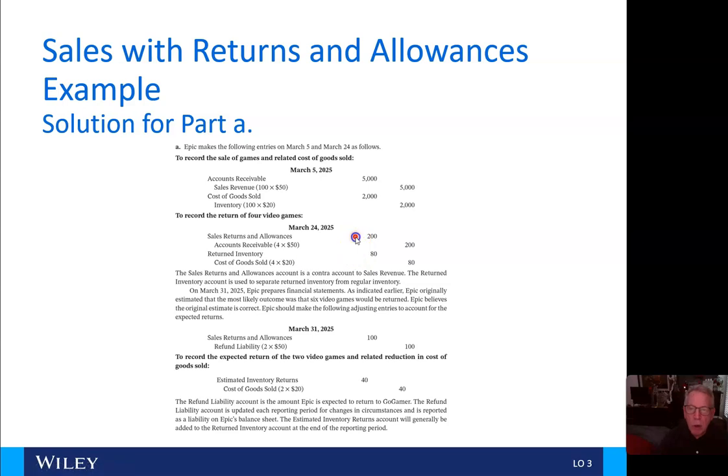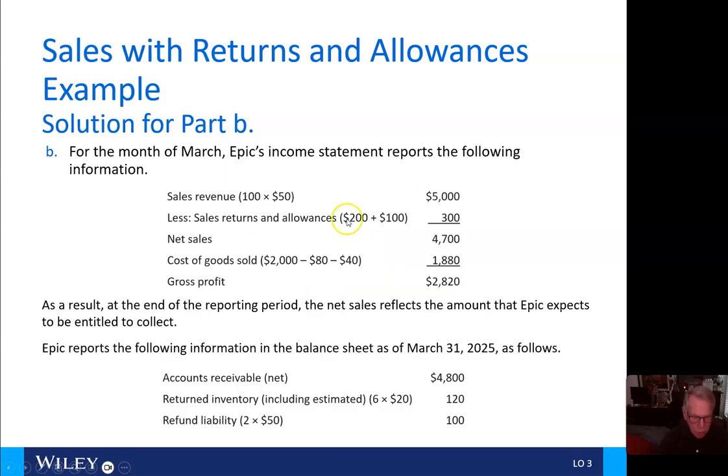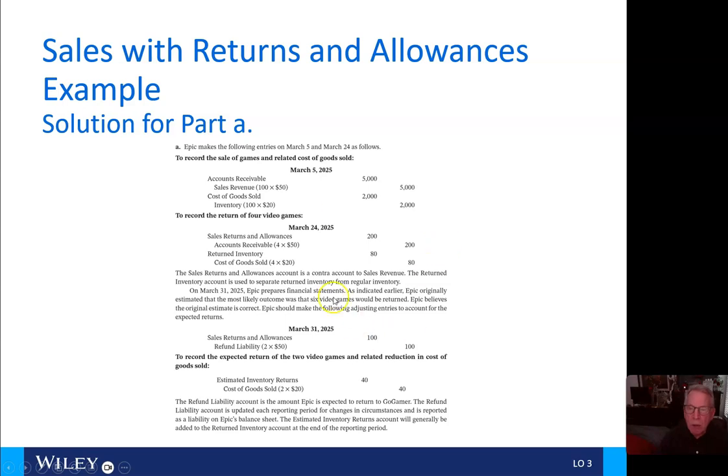So we're going to show a debit to sales returns and allowances, a credit to accounts receivable for $200, and the debit to returned inventory, and a credit to cost of goods sold for the cost of that. And the sales returns and allowances, of course, is a contra account to sales revenue. The returned inventory account is used to separate returned inventory from regular inventory.